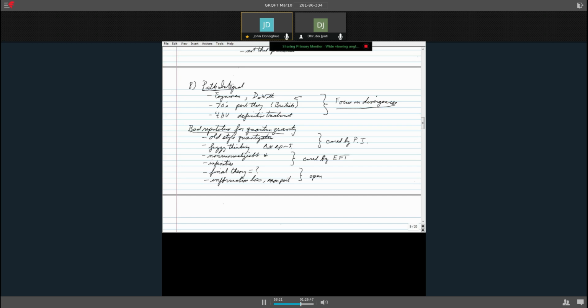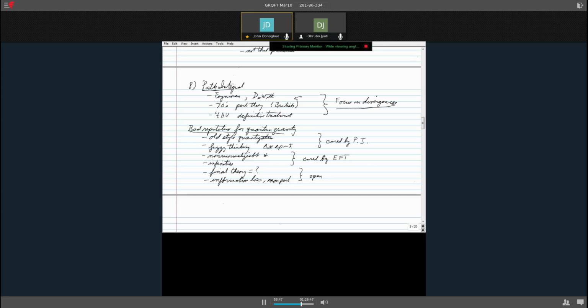We've come to understand field theory better. However, there are still some things that are not yet cured. We'll see that even the effective field theory doesn't tell us anything about the final theory of quantum gravity.